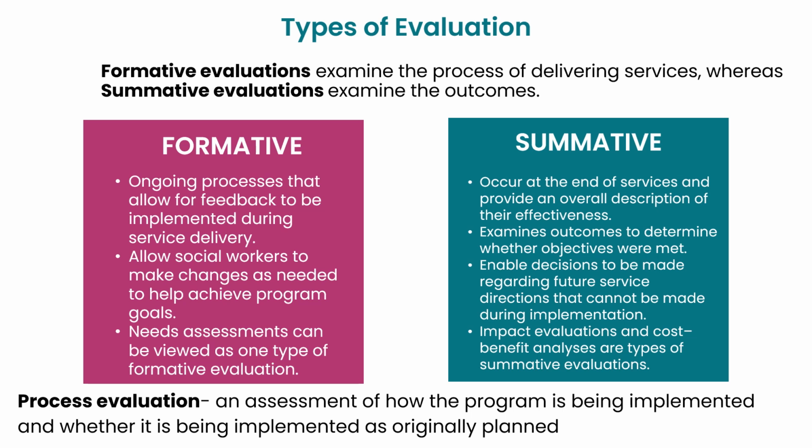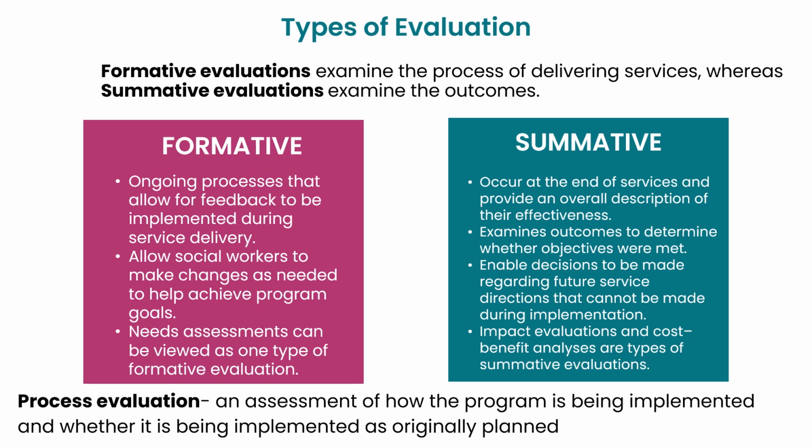All right, so this is where you may again want to pause and take some notes. These are the types of evaluations, and you can very well see these types of evaluations on the ASWB exam just to test your knowledge to see if you know the different types of evaluation. Now, the main 2 types of evaluation are formative and summative.